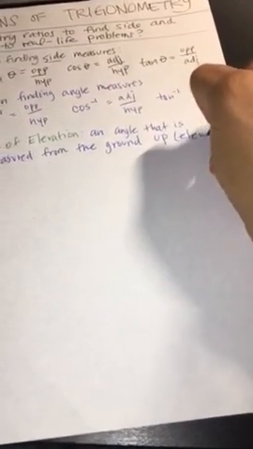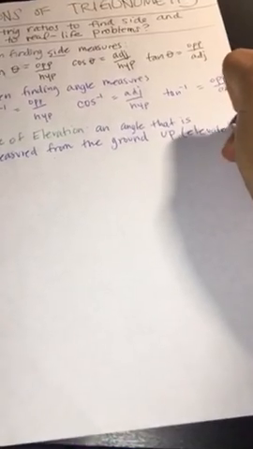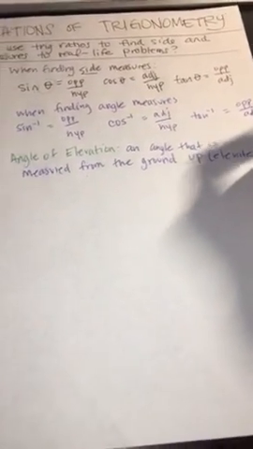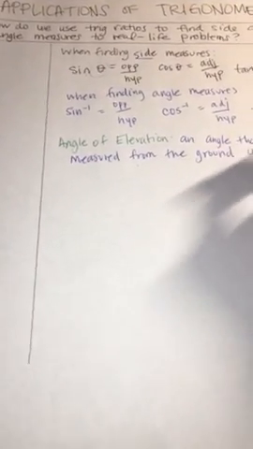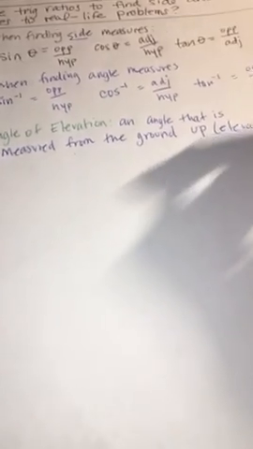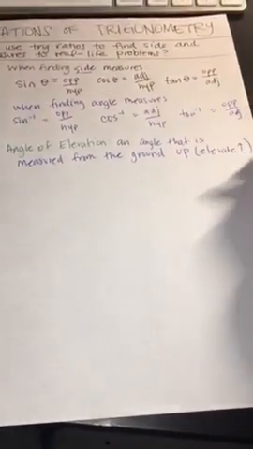Think about the word elevation, right? So think about elevate, right? You go from the bottom to the top, okay? And so it's always an angle from a horizontal line, and it's always inside the triangle. So I'll show you what I mean in a second.